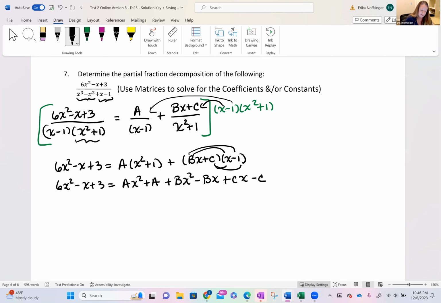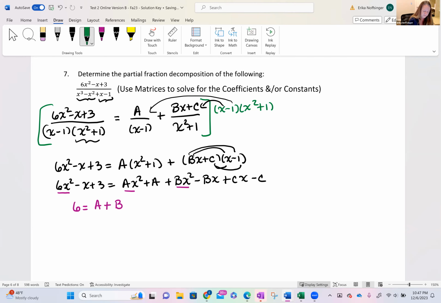So now looking at this, our coefficient in front of the x squared is 6. So I have 6 here is equal to, now looking at the coefficients in front of the x squared on the other side, we have ax squared plus bx squared. So 6 must equal a plus b.